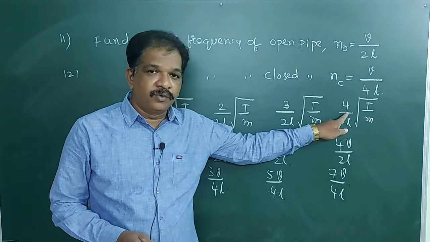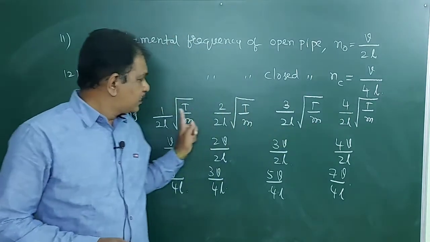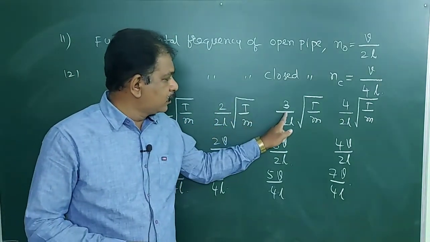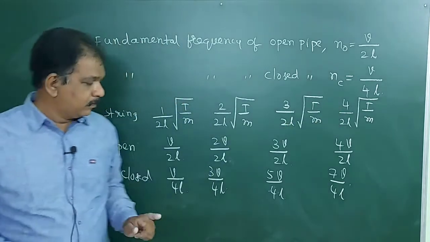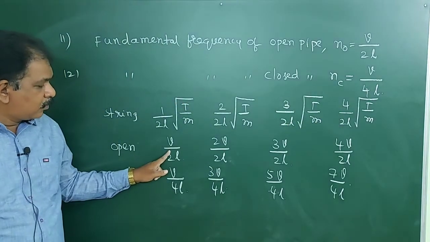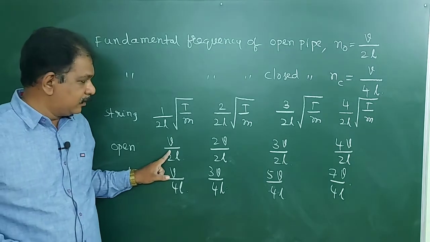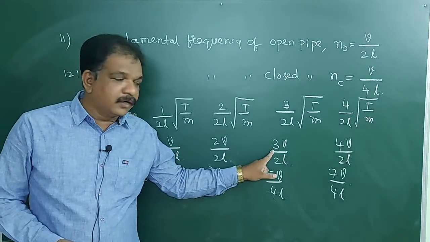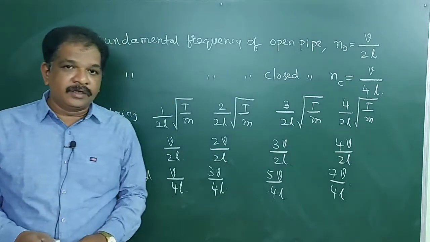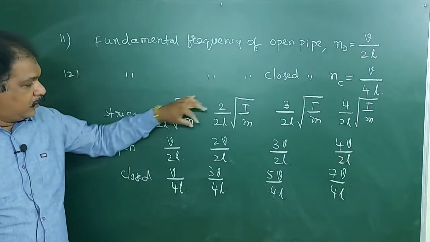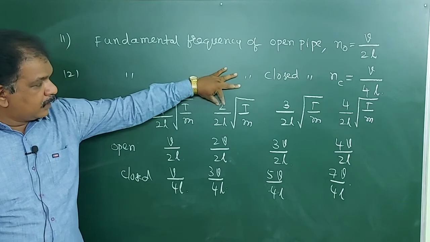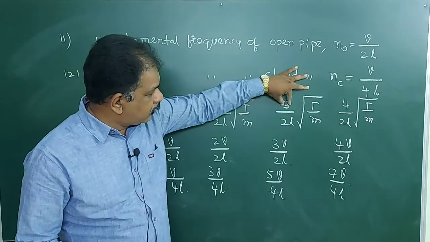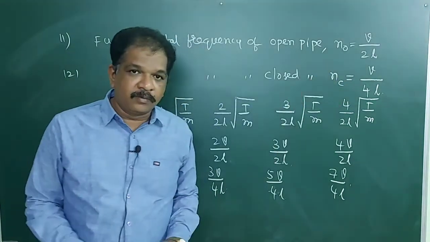This will be fourth harmonic. Here, first harmonic or fundamental frequency, second harmonic, third harmonic, fourth harmonic. Okay? This number you remember, it will be second harmonic. Here it will be third harmonic. It will be fourth harmonic.